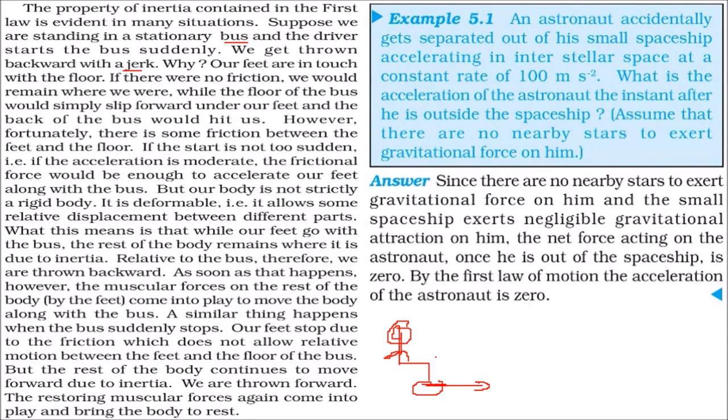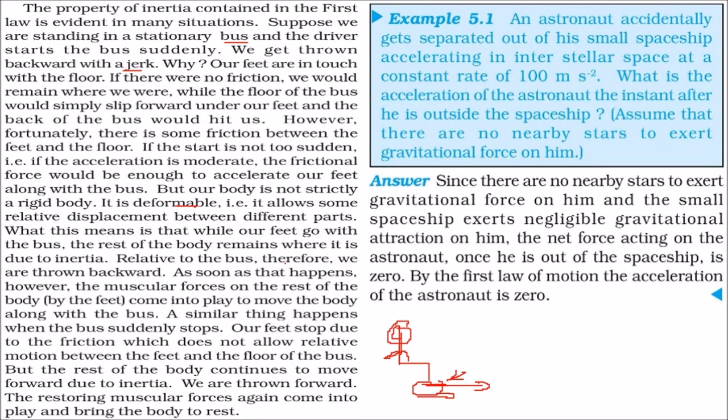So if the start is not too sudden, you can say the acceleration is moderate, the friction force would be enough to accelerate our feet along with the bus. But our body is not a rigid body, it is flexible, it is deformable. So it allows some relative displacement between different parts. We can move our parts.